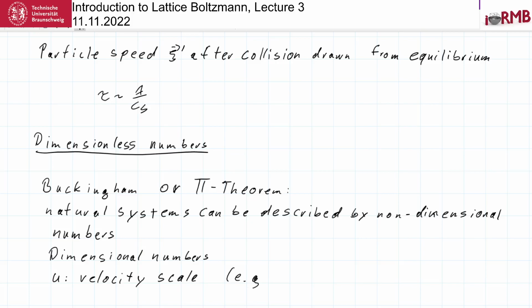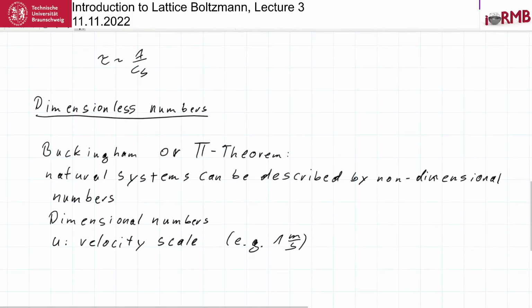So we will usually use units, and this would, for example, be 1 meter per second. Then we would have a system scale called L.